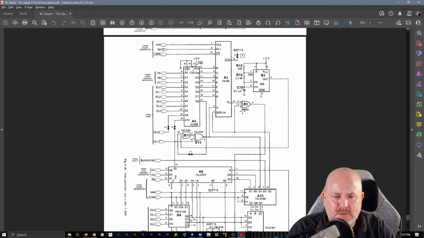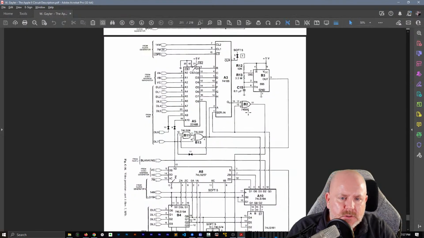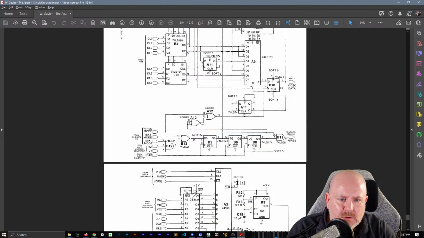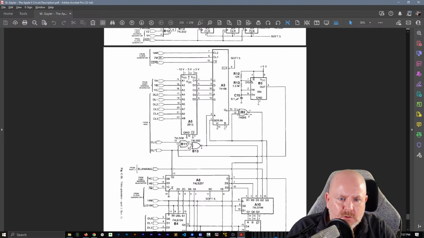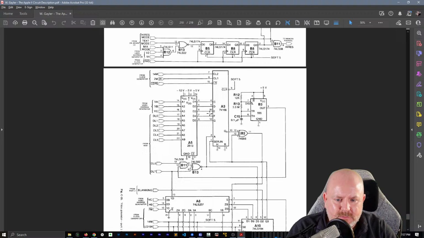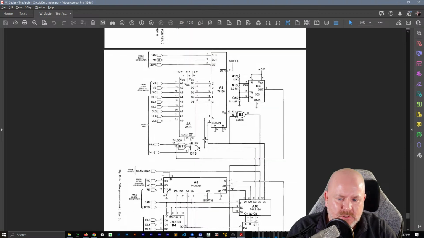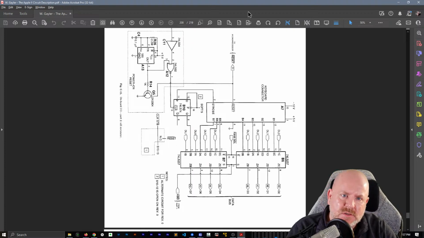A2 or B2? I'm looking for A2, right? I found B2 already. I want A2. There's A3. I feel like we're getting close. Yeah, so these are multiple revisions of the same stuff.